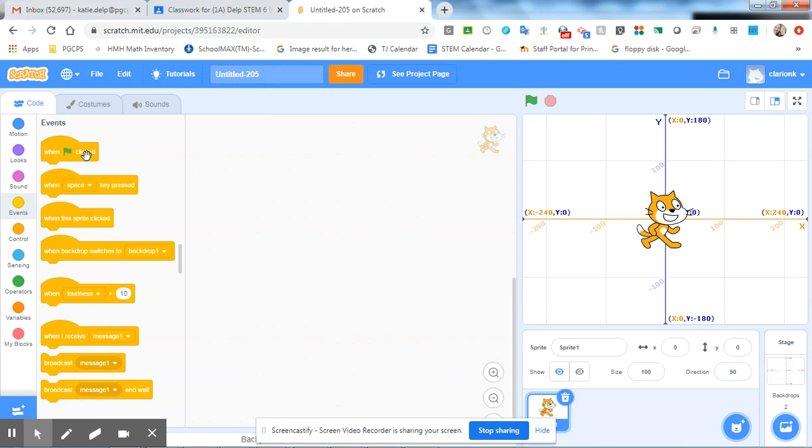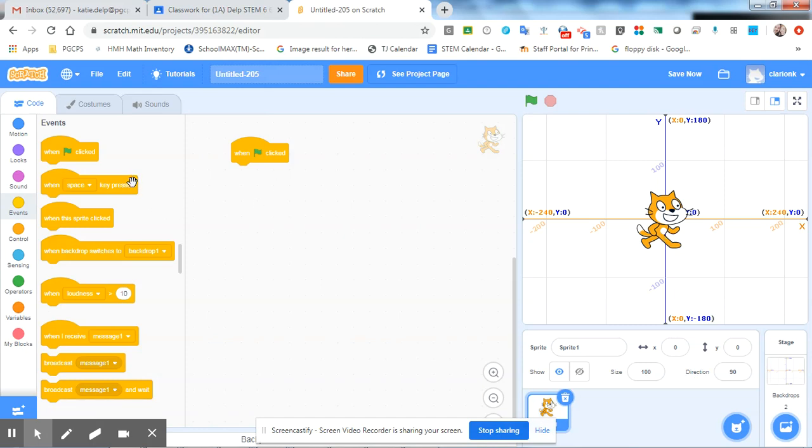Now in Scratch, all you have to do is click on that block and drag it over into your coding area right here, right? Let's say you want your sprite, in this case it's Scratch Cat, to do something when a certain key is pressed. Like think about video games that you might play on your computer, right? When you hit the right arrow, maybe a sprite moves to the right, or you hit the up arrow key, maybe it jumps, right?